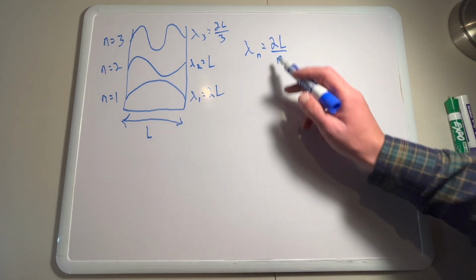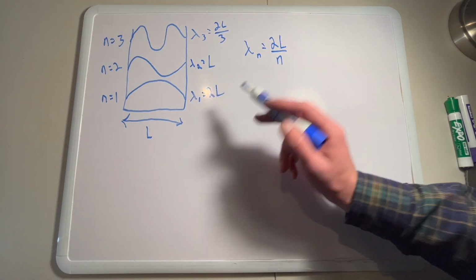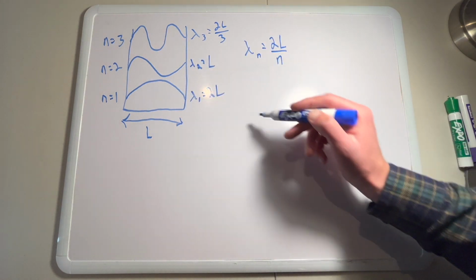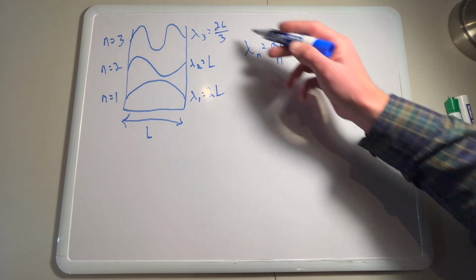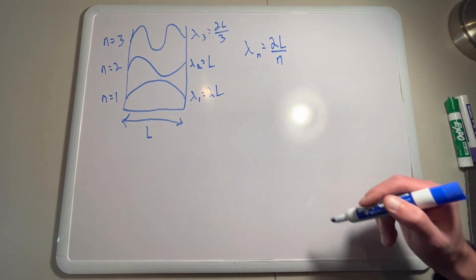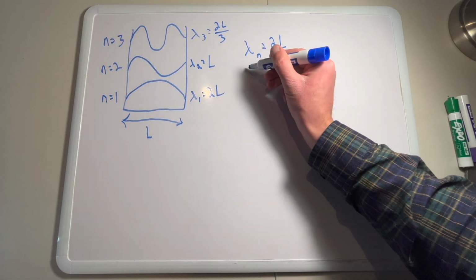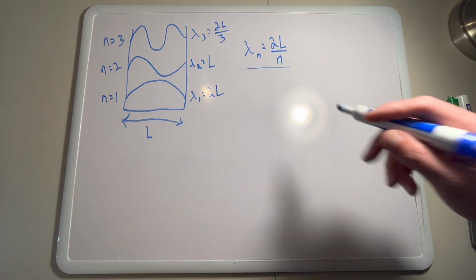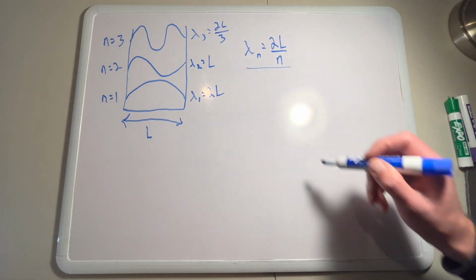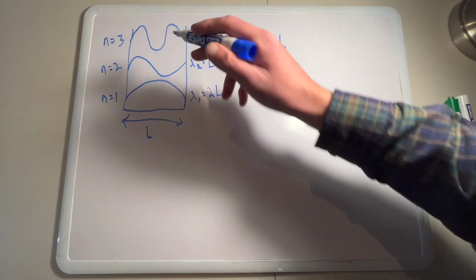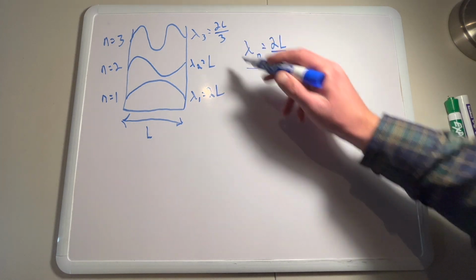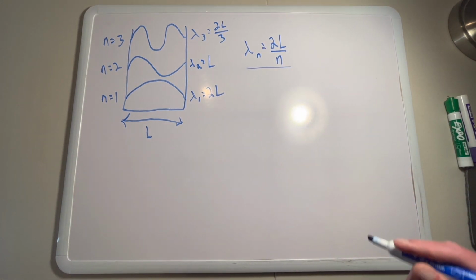So you plug in n equals 1, you get 2L, perfect. n equals 2, the 2's cancel, you just get L, perfect. And yeah, it'll just keep holding as you go up. So we recognized the pattern with that equation right there, and that'll tell us the wavelength for any n as we go up.